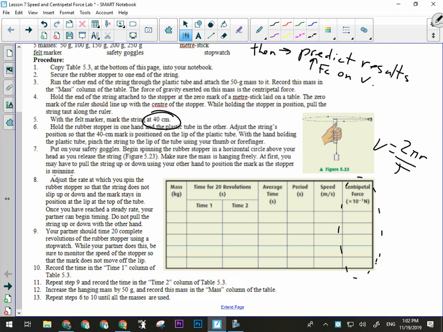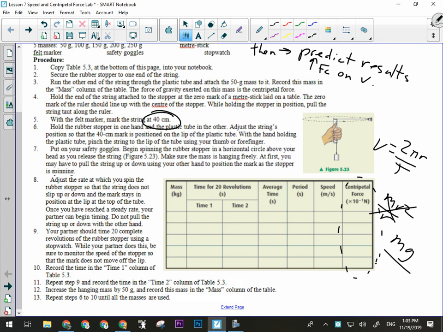Again, calculating the centripetal force, you're not calculating that using this formula. That's the formula we're trying to prove. We don't want to use that to calculate the centripetal force. What's providing the centripetal force? Gravity. You should be able to calculate the centripetal force for each trial, as in your first lab. Everyone follow on the procedure?